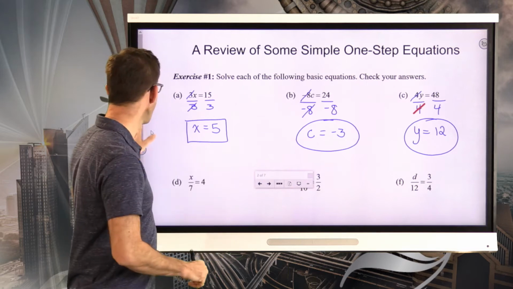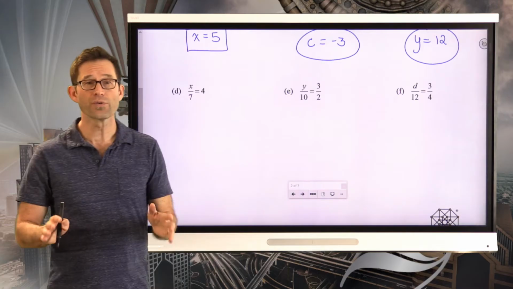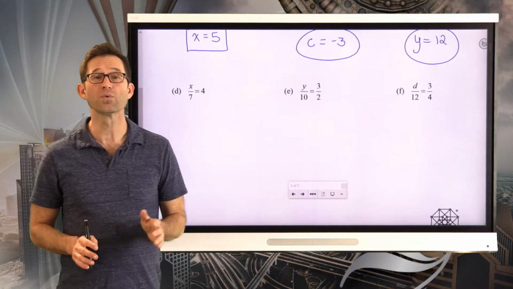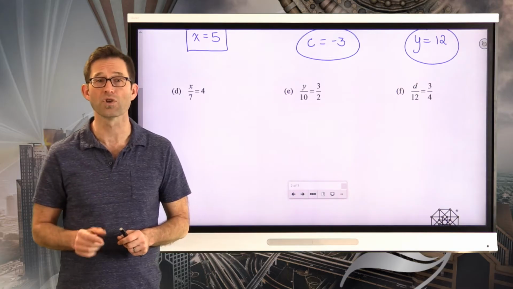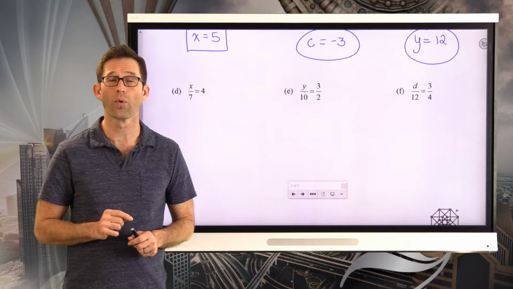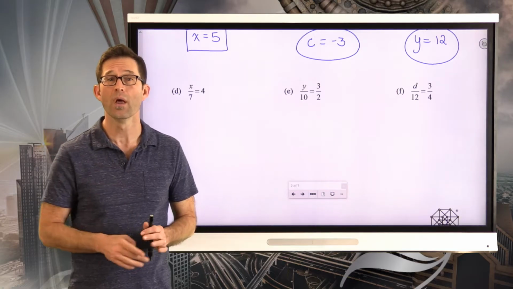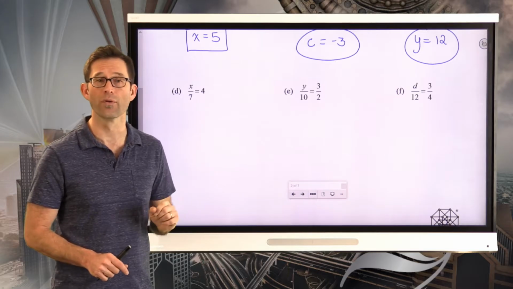Let's take a look now at other types of one-step equations. In those first 3 one-step equations, we divided both sides of the equation in order to undo a multiplication that had occurred to the variable. In D, E, and F, we're going to go in the other direction. For example, in letter D, we have x divided by 7 is equal to 4.